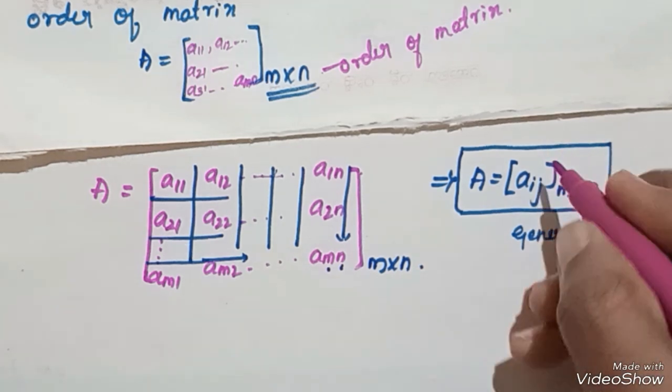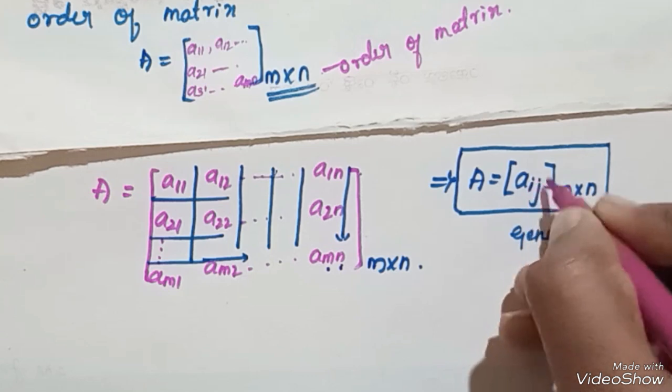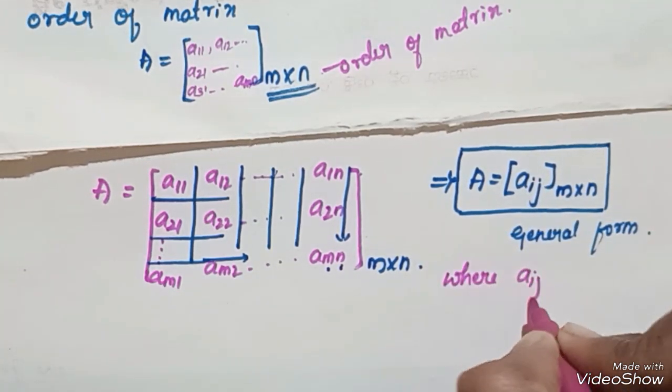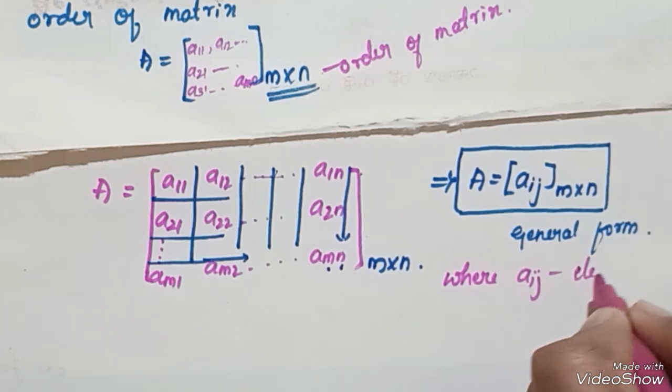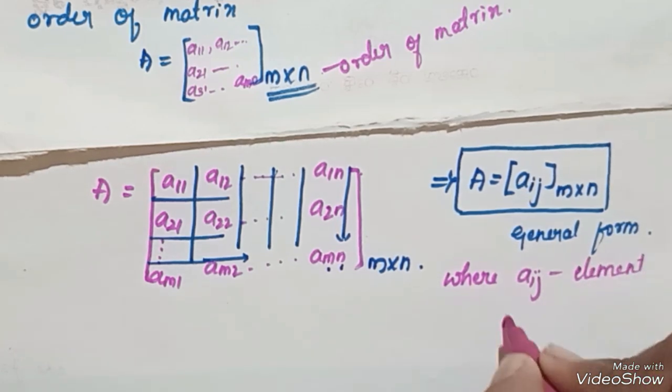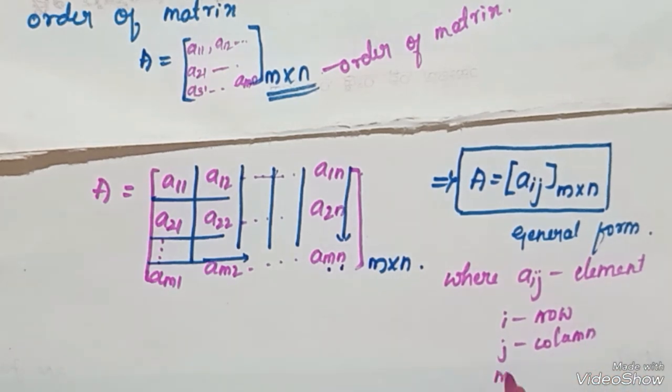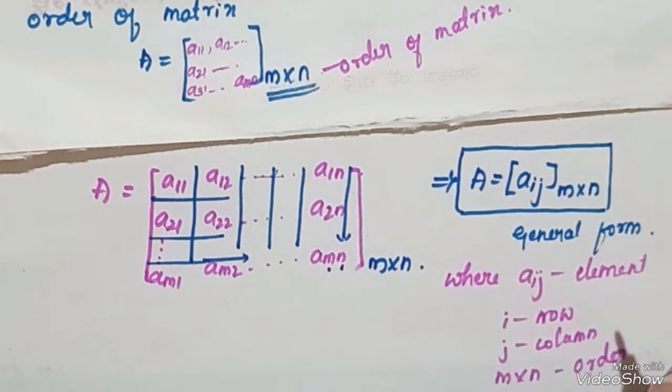Aij represents an element, where i means row and j means column, and m cross n becomes the order. Okay, these should be remembered. These are very important in matrices.